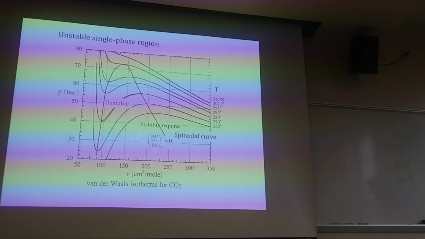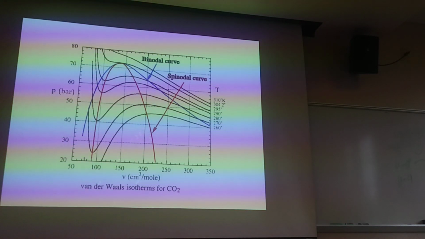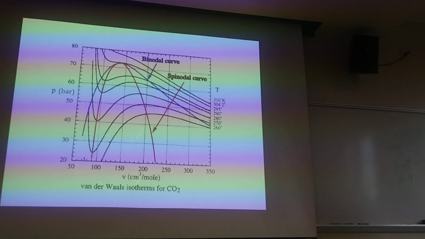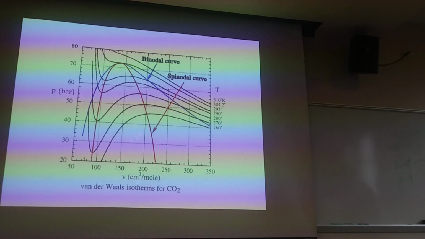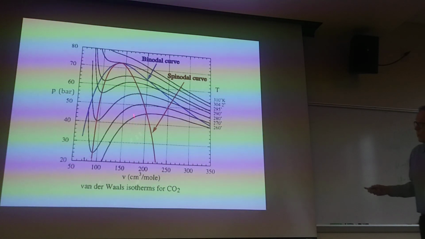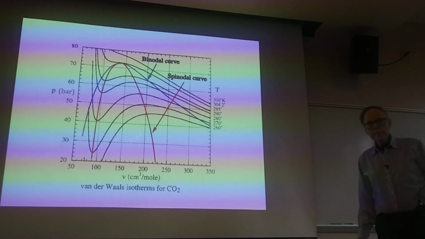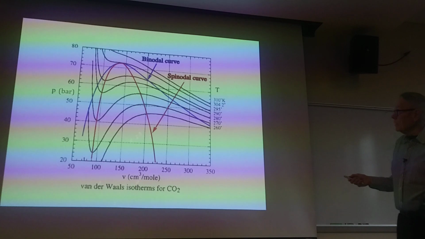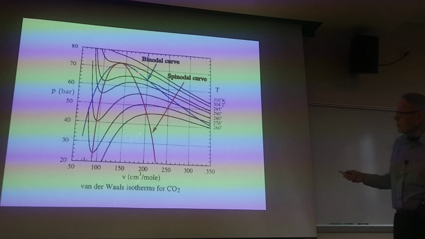So this is interesting. Now I've divided the two-phase region here into two parts, and it's important that you understand this. What I have underneath the spinodal curve is totally unstable, and I would never expect to observe that. But what if I'm in one of these regions between the spinodal and binodal curves?